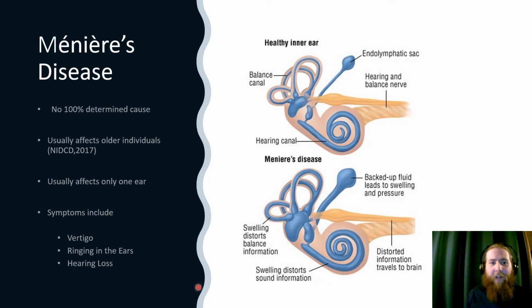With this hearing loss and this ringing in the ears, the swelling is creating some difficulties there. A lot of the ear in this cochlea has those hairs inside of it that are sensing sound. Extra endolymph, extra fluid, means that those aren't going to work like they normally do. And anytime you have pressure inside of the head, it's not usually a good thing.